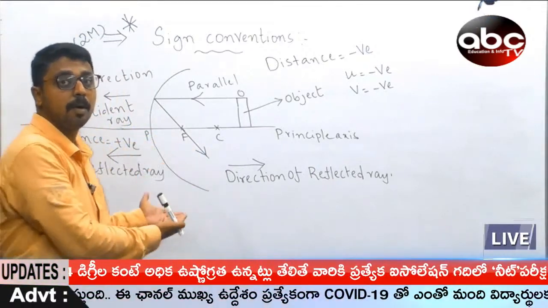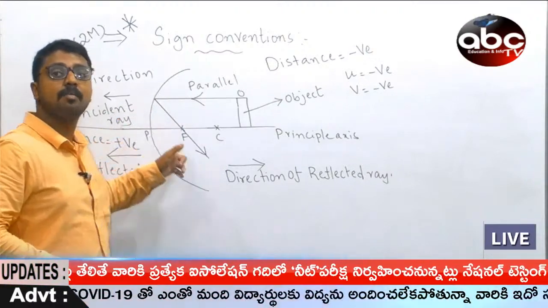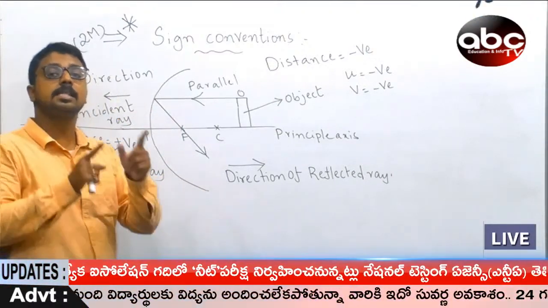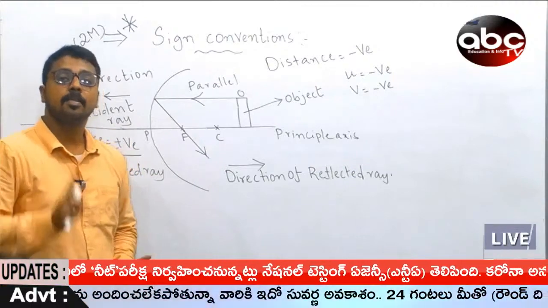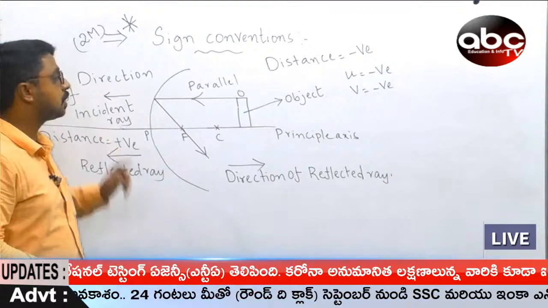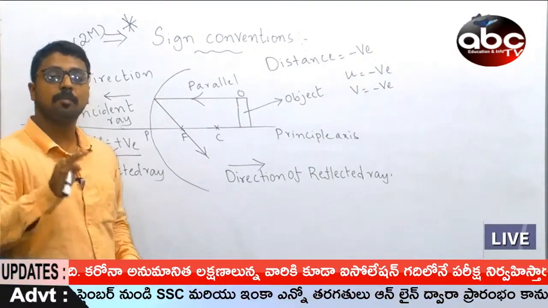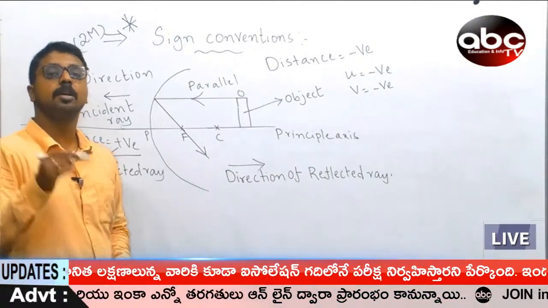Coming to the third point, if the incident light ray and the reflected light ray are in the same direction, then the distances are taken as positive. That is, u is positive, v is positive, and the focal length and others will also become positive.